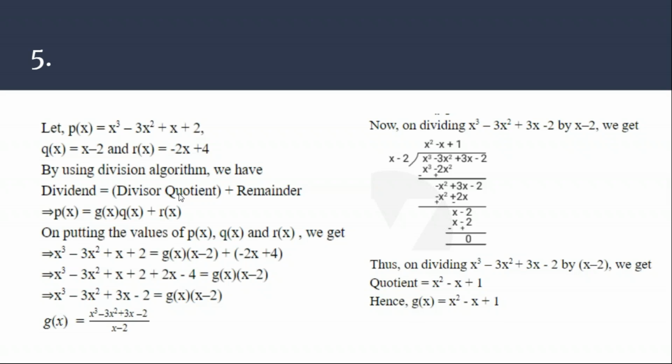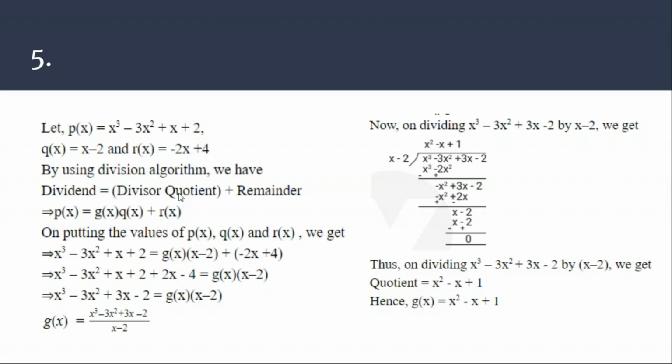Okay, but see, in this case, the quotient is given already, right? You are considering Q of X as G of X and going ahead, right? But in this case, it's actually the quotient. If you take the quotient and the remainder together, then you will get the divisor back, right? If you consider Q of X as G of X, you are going on a completely different track where you'll get a different quotient and remainder.